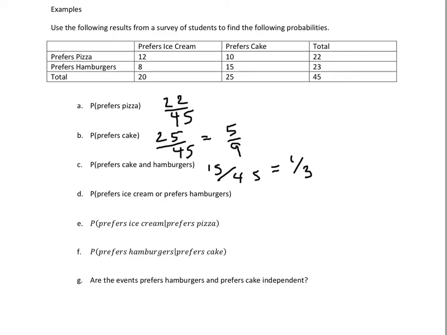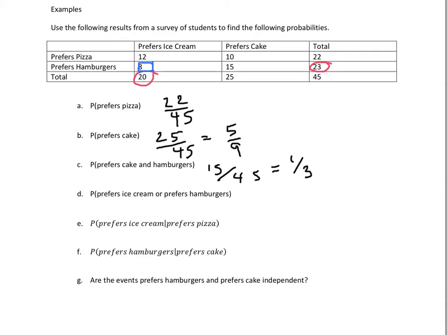Prefers ice cream or prefers hamburgers. There are 20 that prefer ice cream, and there are 23 that prefer hamburgers. But the problem is we're counting these 8 twice, so we'll need to subtract those out.